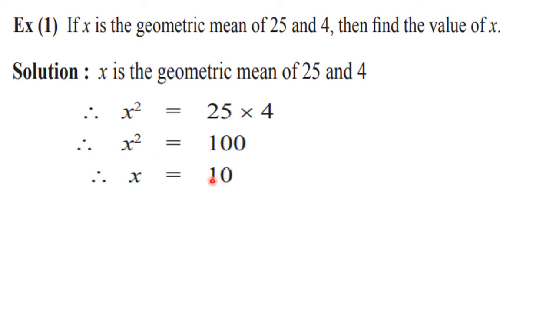Now here plus or minus 10 is not written. Please take note of this. Why? Because 25 and 4 both are positive numbers. Okay, so a negative number cannot come in between these two numbers. Therefore, we have to think of only positive numbers. So do not take plus or minus here, only take plus.